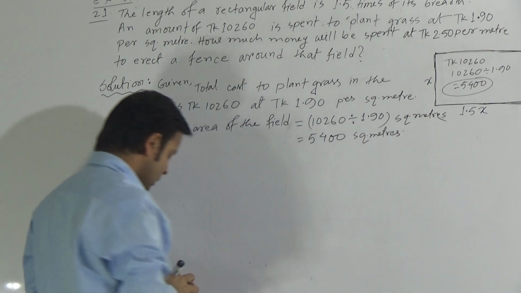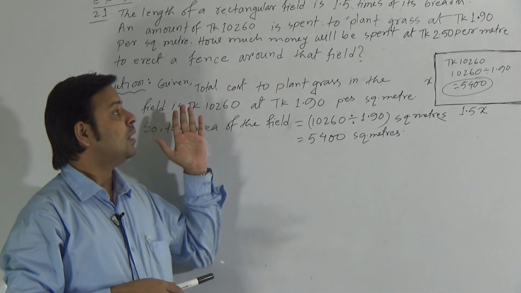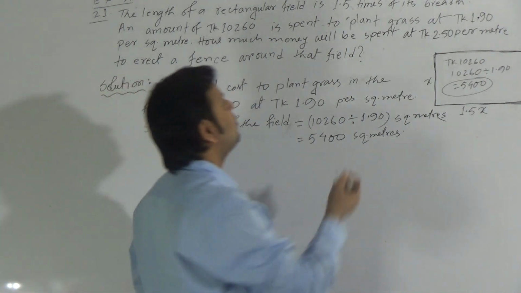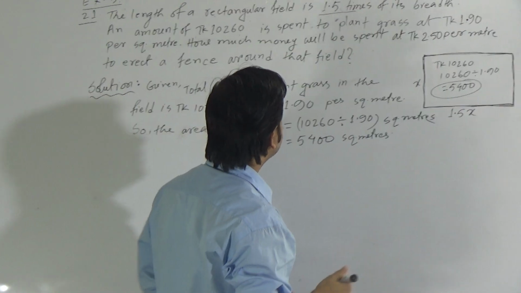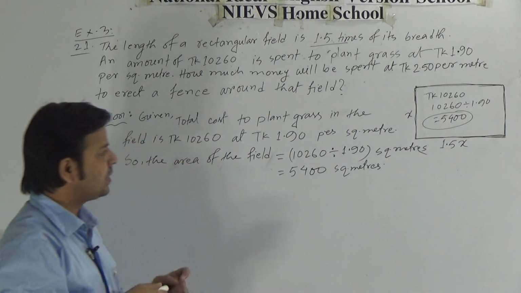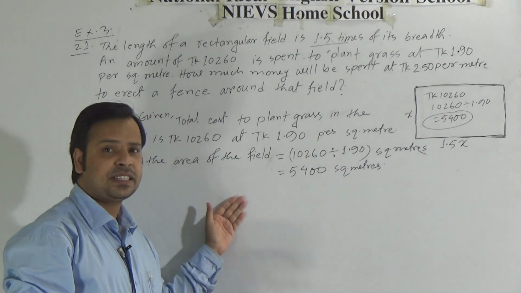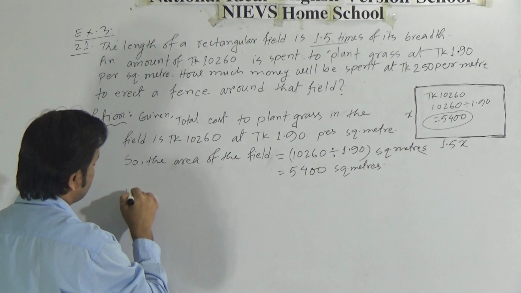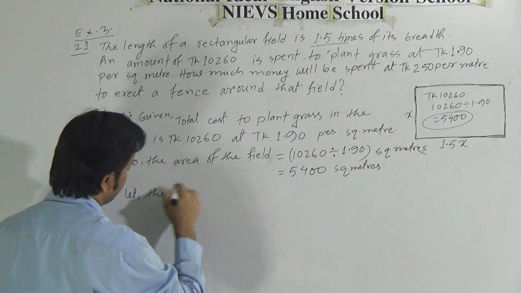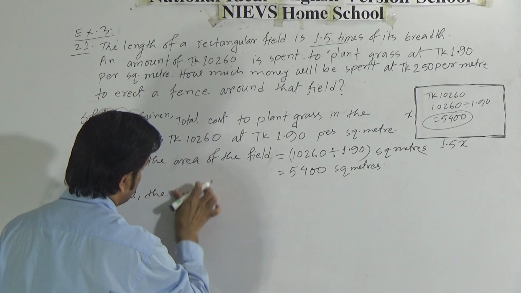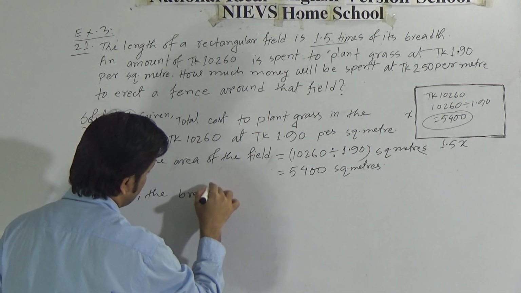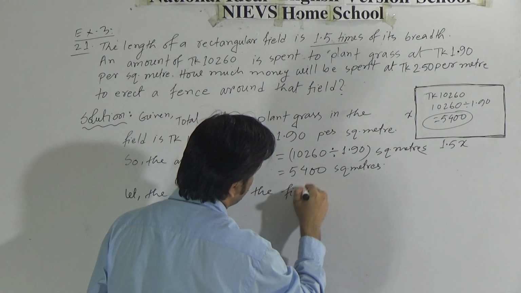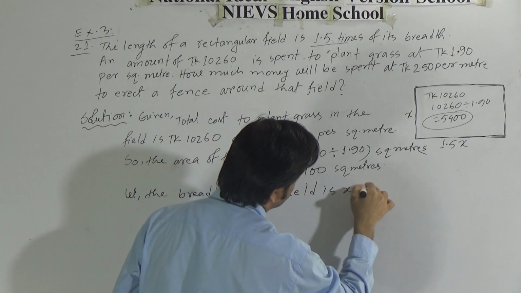Okay, dear students, now see the question. Another condition given is that the length is 1.5 times its breadth. It means that if we consider the breadth is x meter, then the length must be 1.5x. So we can write: let the breadth of the field be x meter.